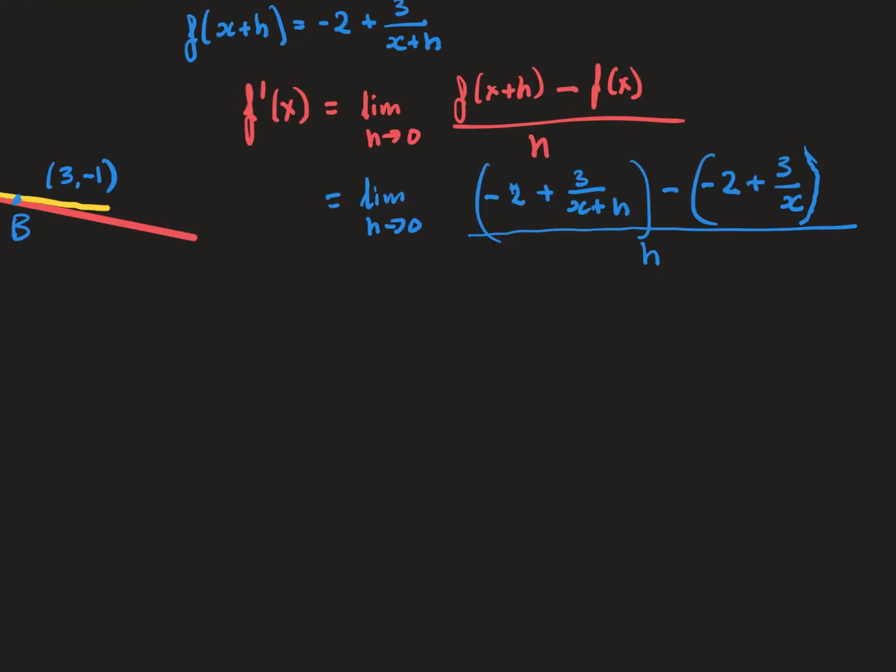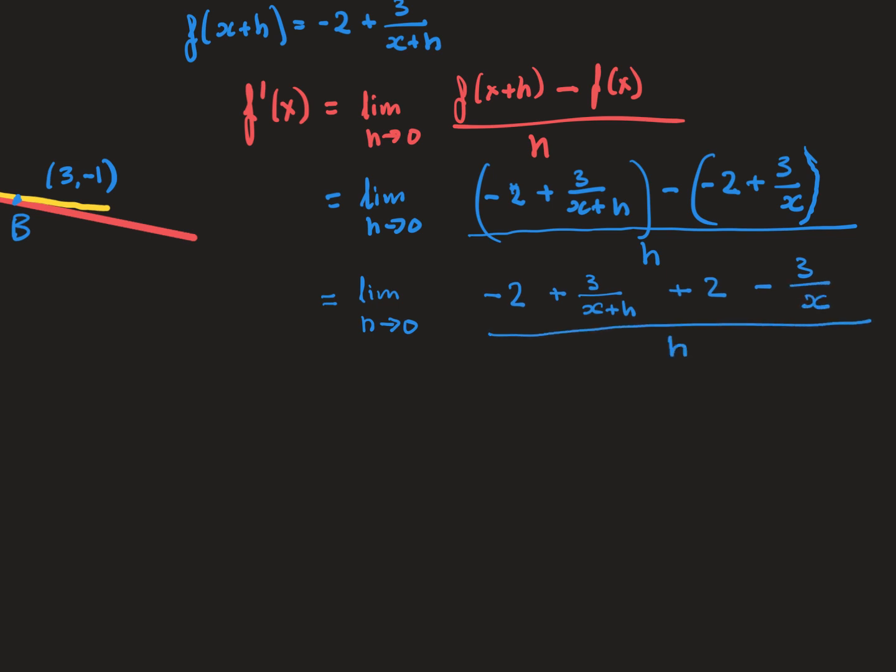I can see that I shall be able to take the minus 2 out, so I'll show you how I do that. The limit as h goes to 0. I'll take everything out from the brackets and lay it out: minus 2 plus 3 over x plus h, so minus 2 is plus 2, and minus plus is minus 3 over x, over h.